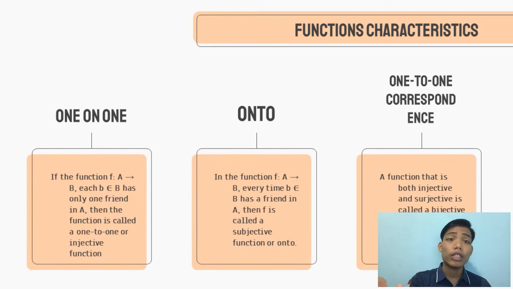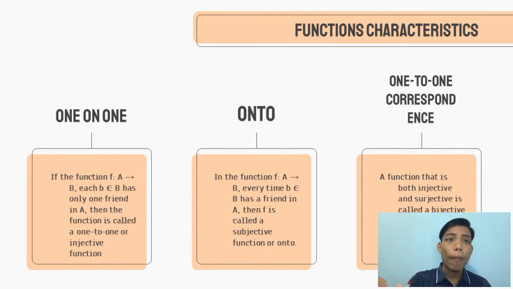Okay, the first one is the injective function, or one-to-one. If for the function, each element in B has only one partner in A, then the function is called one-to-one, or injective.